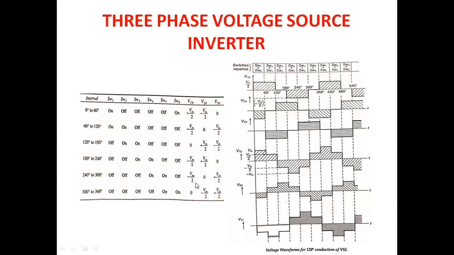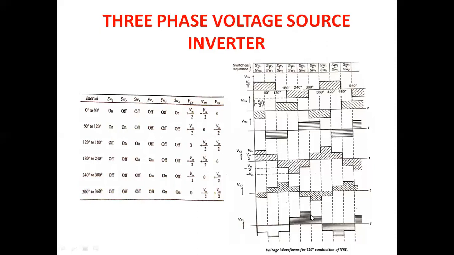So V12 is minus Vin by 2 for 240 degree to 300 degree, that one. And this portion, V23 is minus Vin by 2, for 240 to 300 degree, that portion. And V31 is Vin, so this portion.